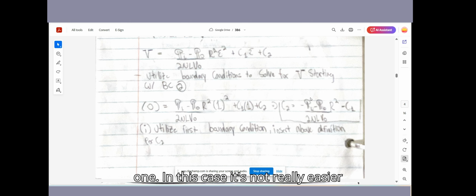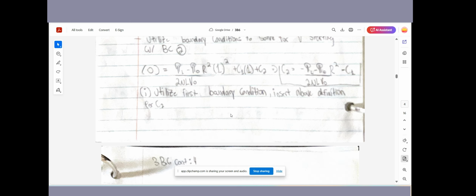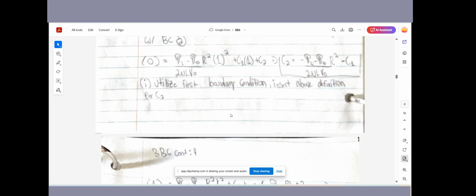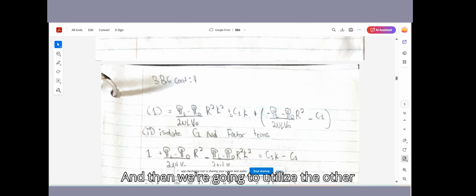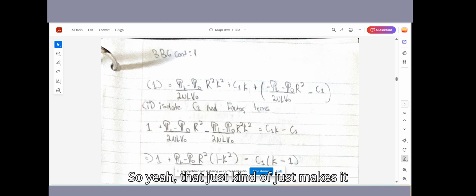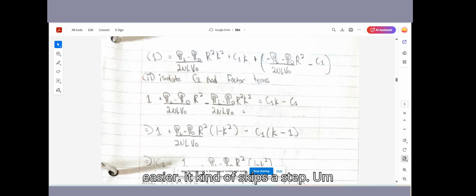It's not really easier either way; I just chose that. Then we utilize the other boundary condition, plug in all the terms, and plug in the definition from earlier for C2. That kind of skips a step.